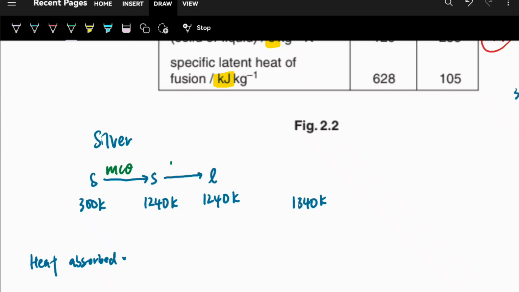And this would be M L. Then, already hit 1240. Now increase its temperature again to 1340 Kelvin. Still in liquid, of course. So temperature is changing, same phase, M C theta, specific heat capacity.